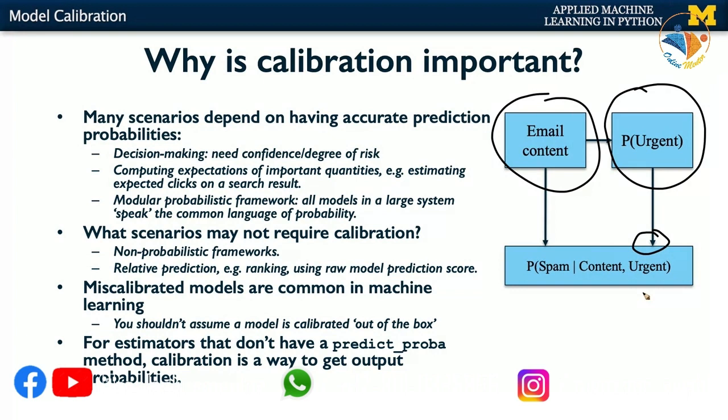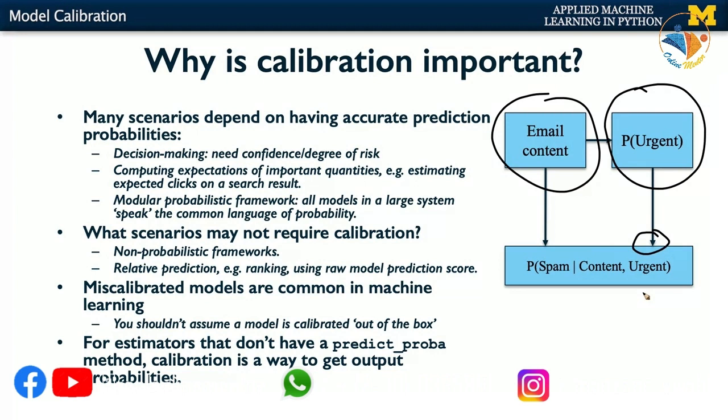So there may be some non-probabilistic frameworks where calibration may not be as important. But given the prevalence of statistical methods in many systems, it's important to understand for the parts of the system that do use probabilistic modules, that those modules are producing well-calibrated probabilities.